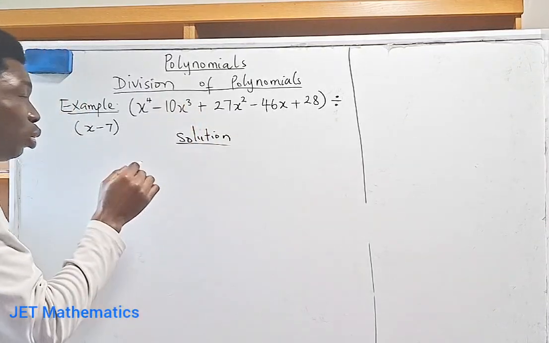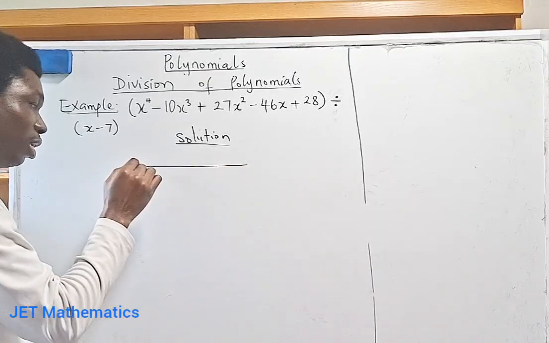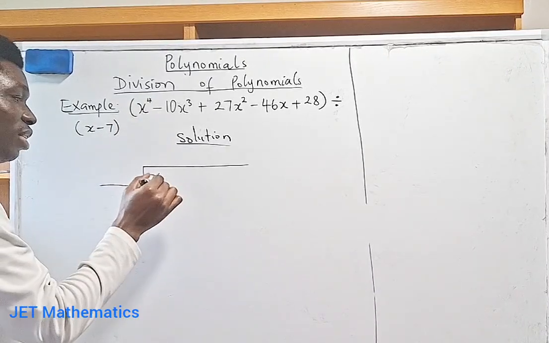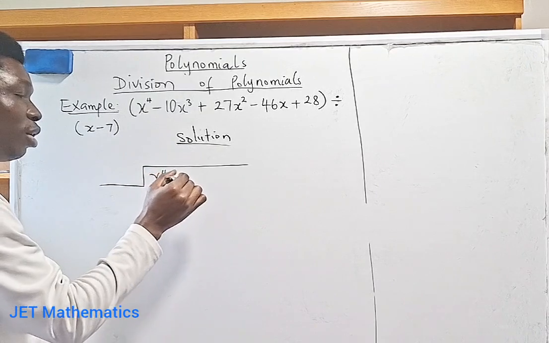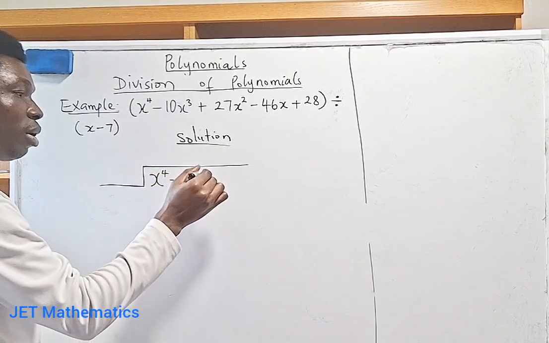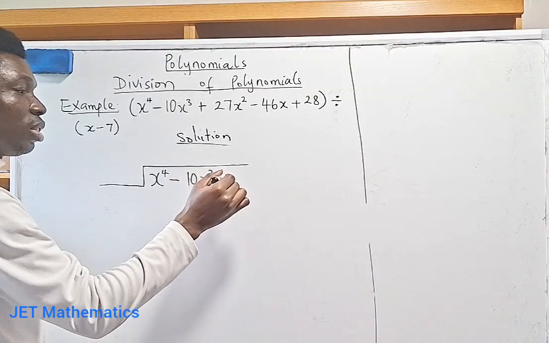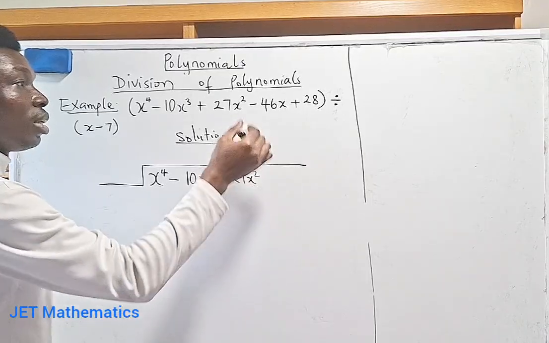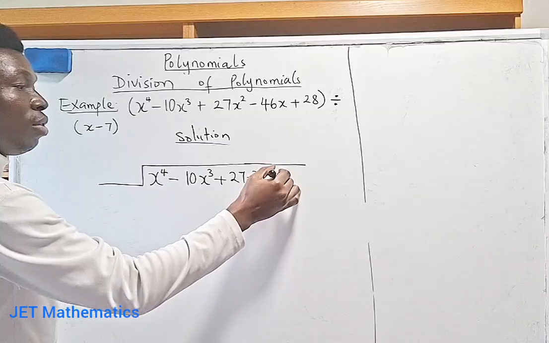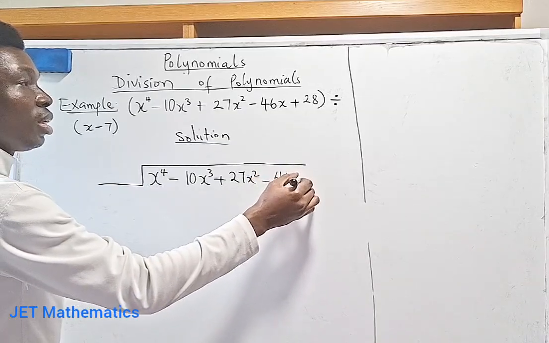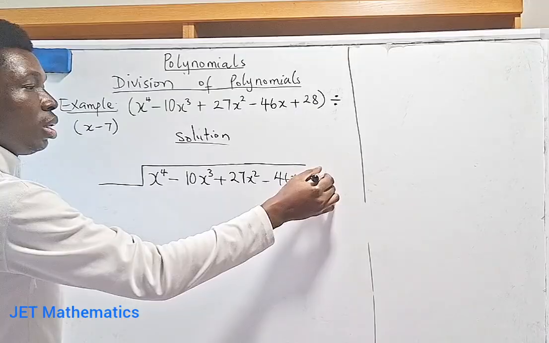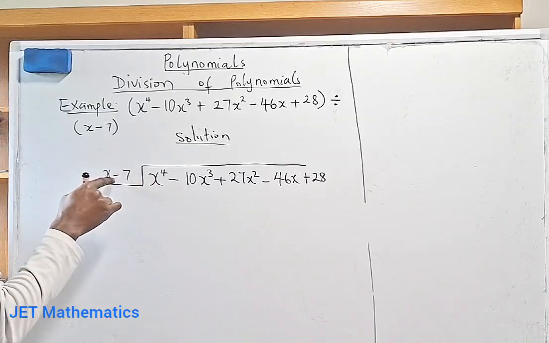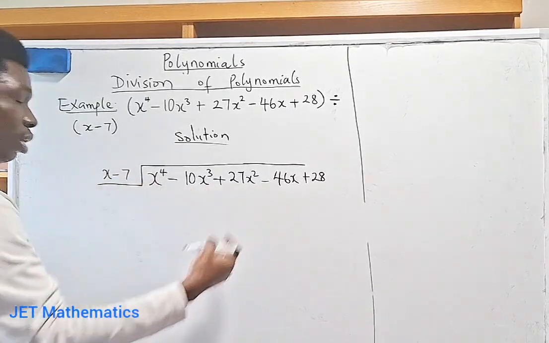Just as we know, in our long division method, we draw something like this, and then we write the dividend in here: x to the power 4 minus 10x to the power of 3 plus 27x to the power of 2 minus 46x plus 28, and then here we have x minus 7. So the divisor comes here, the dividend goes in here.